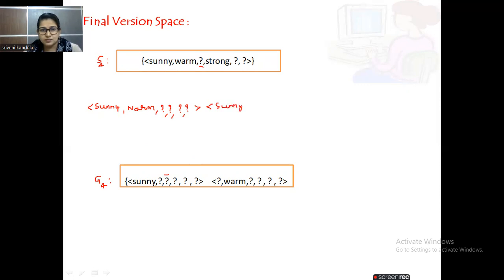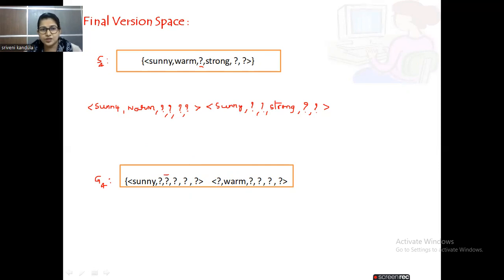Sunny, question mark, question mark, strong. The fourth question mark is replaced with the value strong. Question mark and question mark, the next two are matching, so no more changes. Next, coming to the second hypothesis in the general boundary.